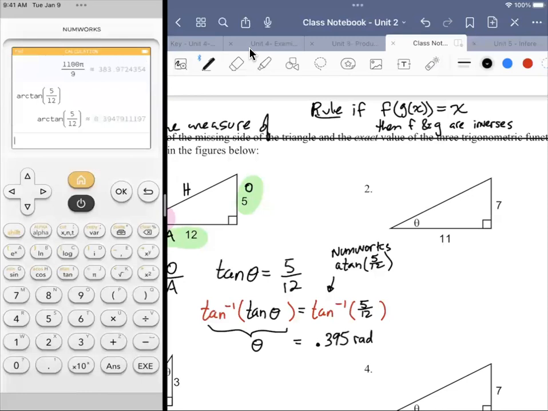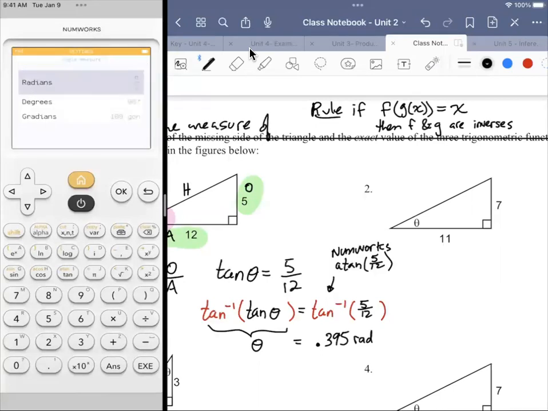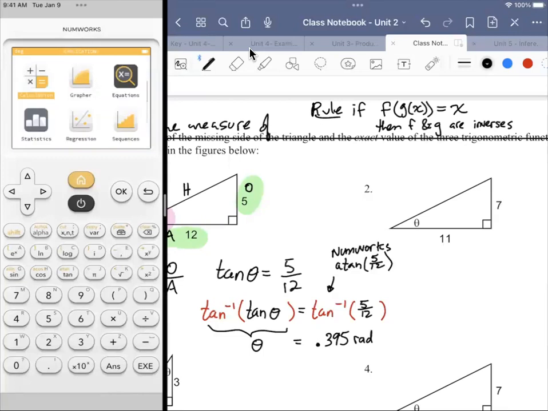If you want it in degrees, same computation, you just have to kick it over into degree mode, which I find to be a royal pain. So I don't do that. You can get the degree measure. That's great. I don't think it added anything to the conversation. You want to start thinking in terms of radians anyway.